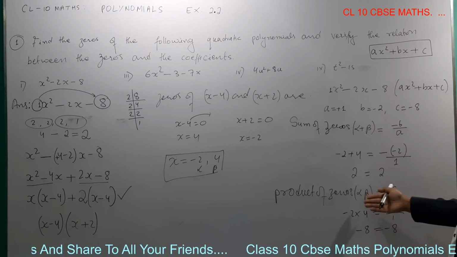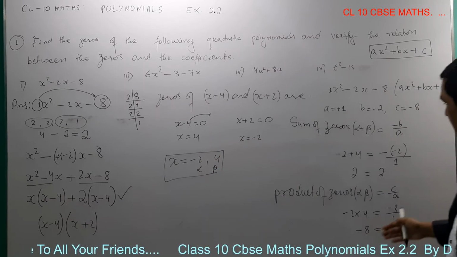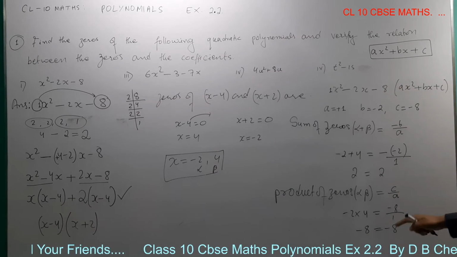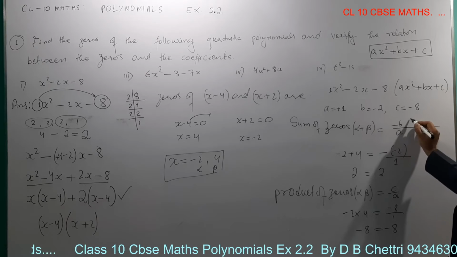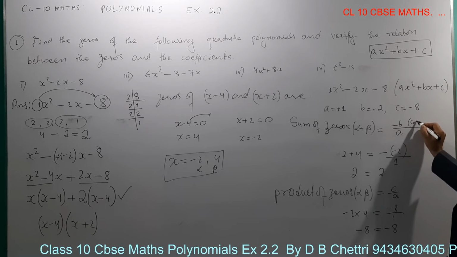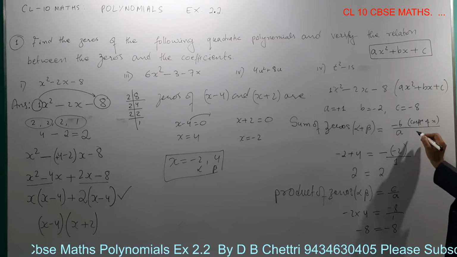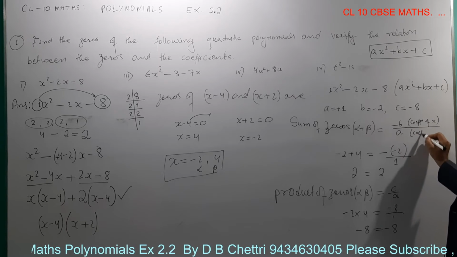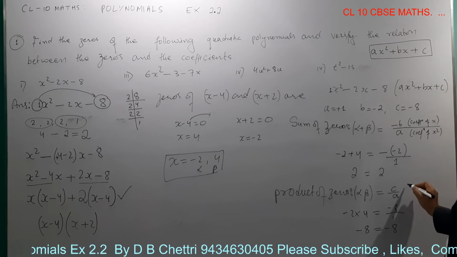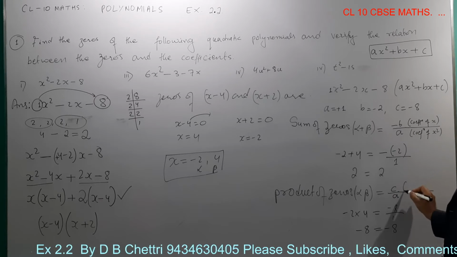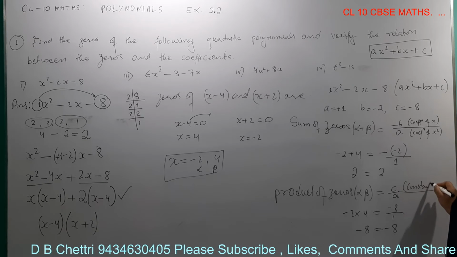After getting the zeros and using the direct formula, we are getting the same answer. And this b is called the coefficient of x, this is called the coefficient of x square, and this c is called the constant term.